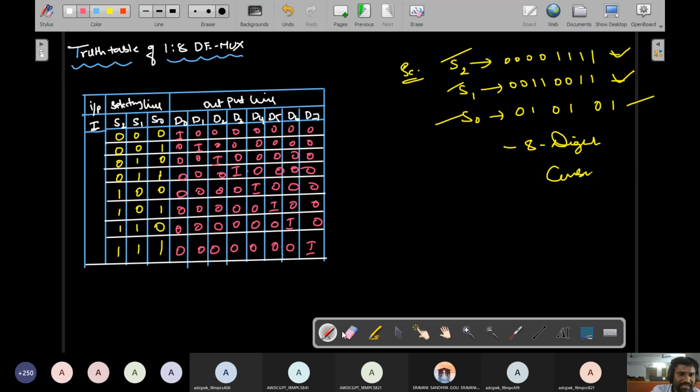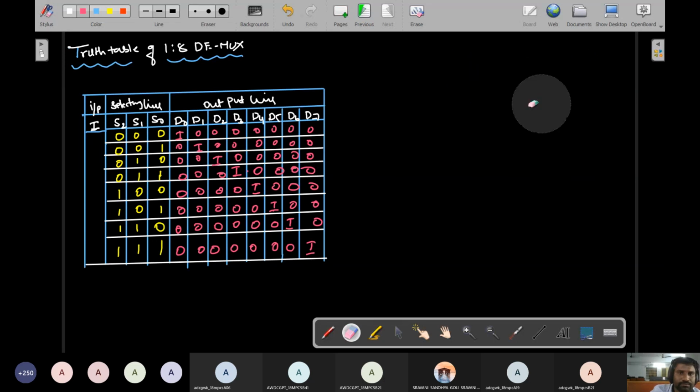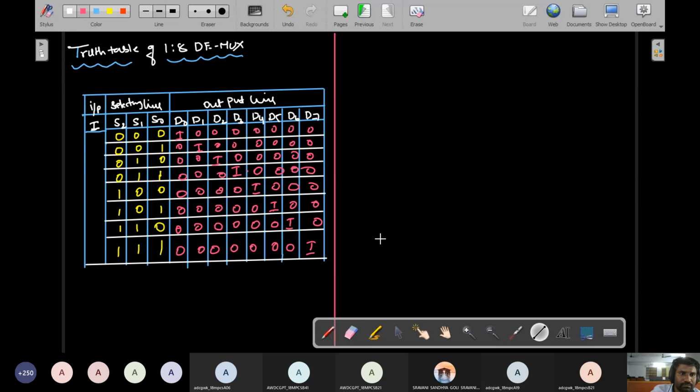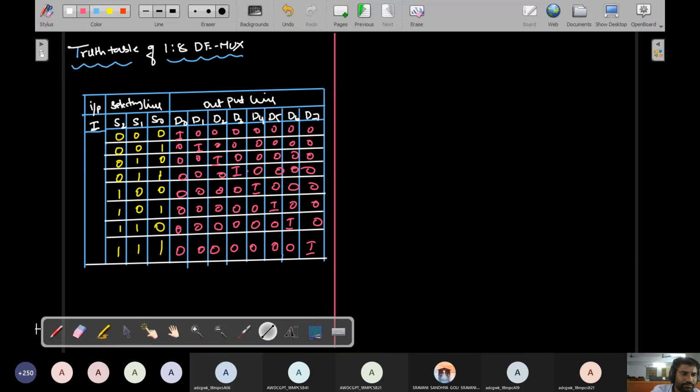I'll draw the logic diagram here. See, this is the input line.